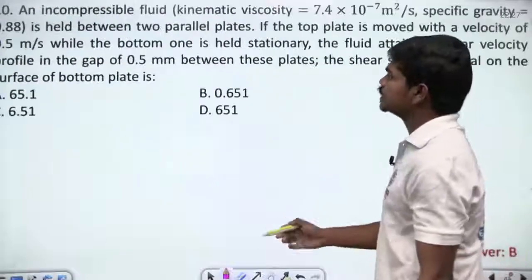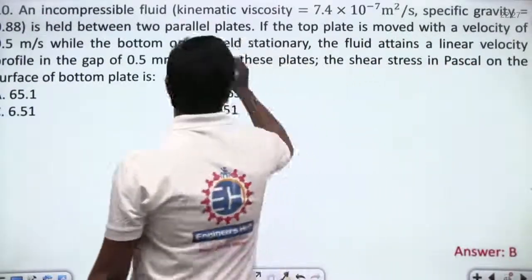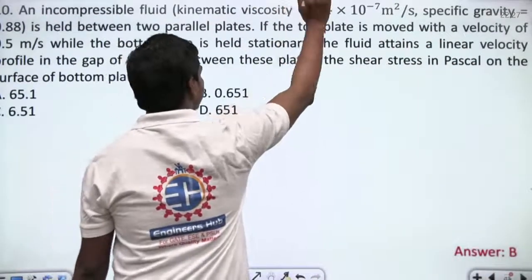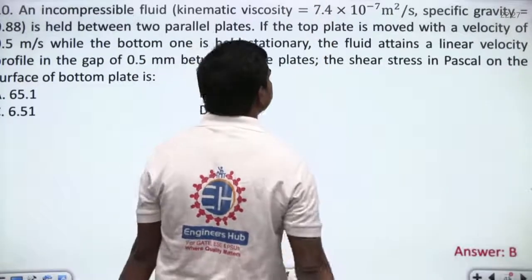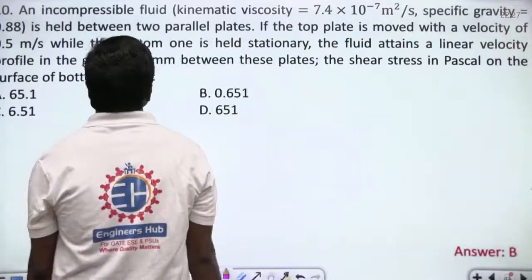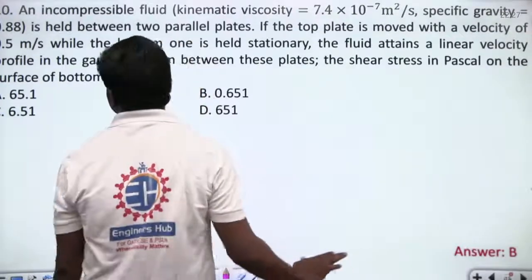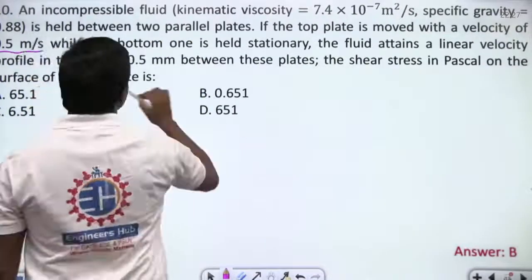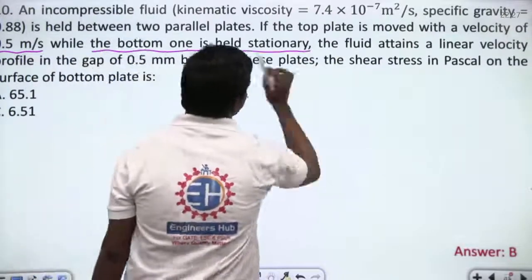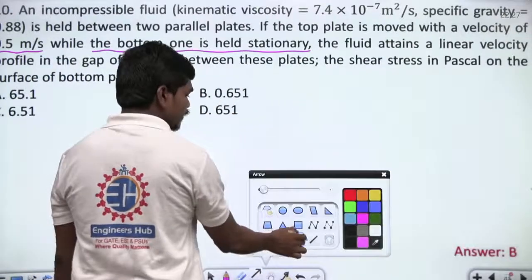There is one question. An incompressible fluid of kinematic viscosity equal to 7.4 into 10 to the power minus 7 meters squared per second, specific gravity 0.88, is held between two parallel plates. If the top plate is moved with a velocity of 0.5 meters per second, while the bottom one is held stationary. So again, this is the same case that we are dealing with.